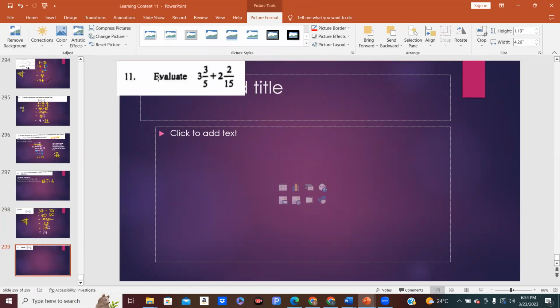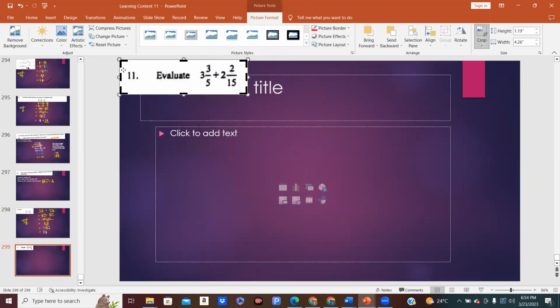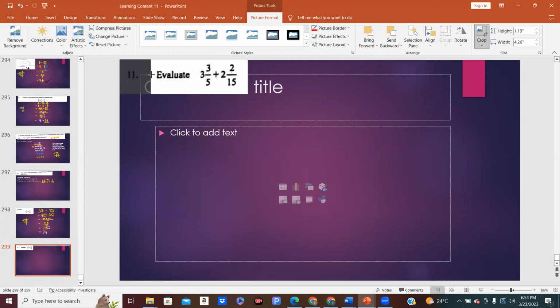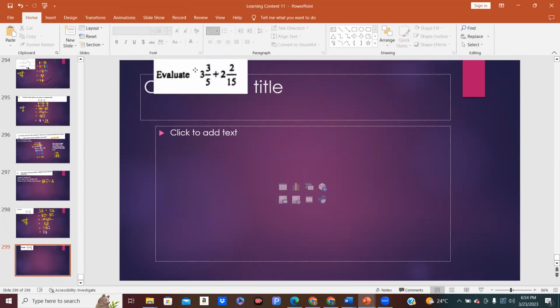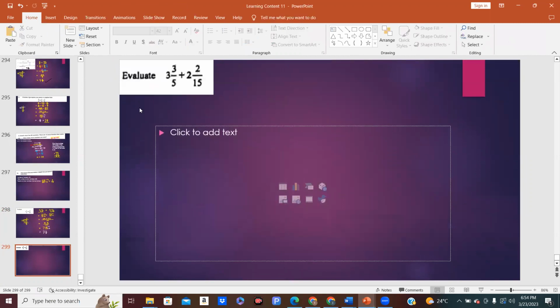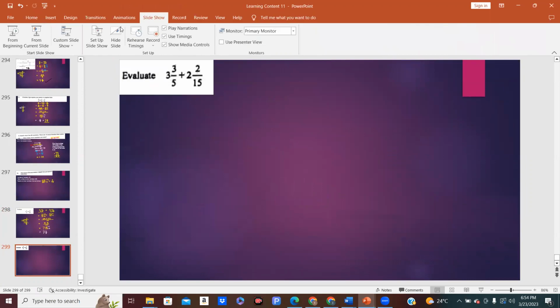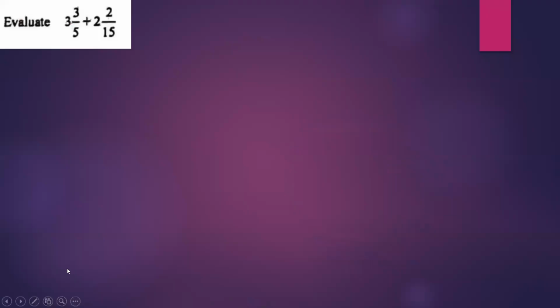Okay, so for this one, you have to evaluate or find the sum of these two mixed numbers. So let's do that.